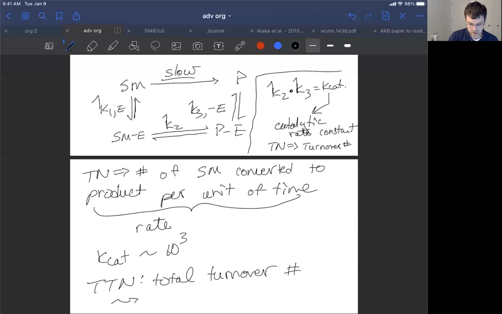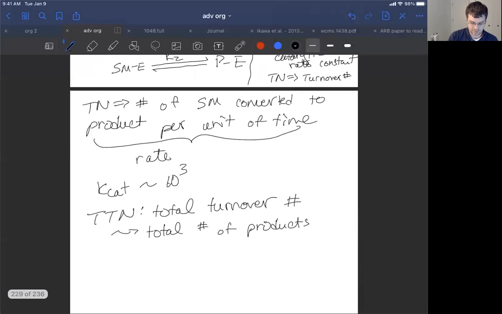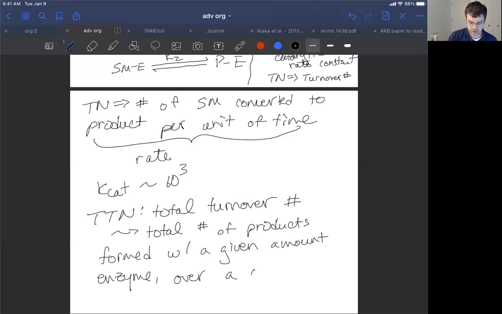This is the total number of products formed with a given amount of enzyme over a certain amount of time. And that's usually where the time is the entire reaction length, as opposed to an arbitrary second.